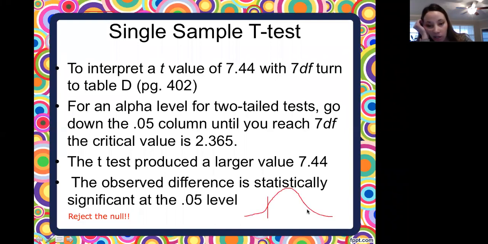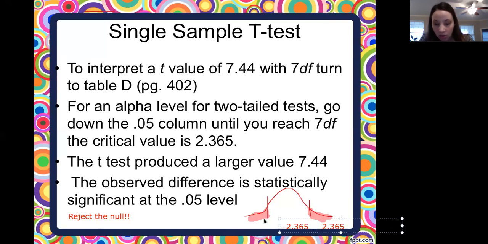So we have our rejection region, and we're going to shade that in with red. Remember that our rejection region starts at negative 2.365 and positive 2.365.